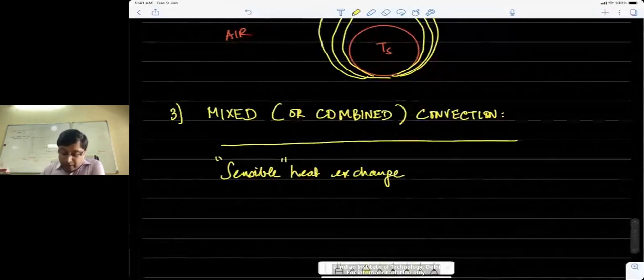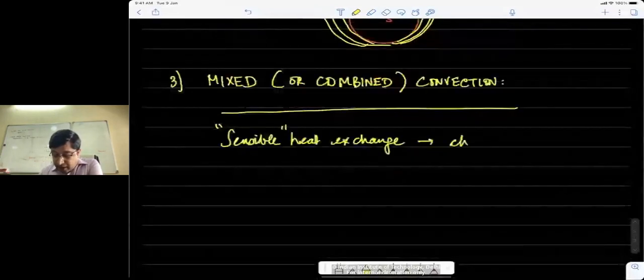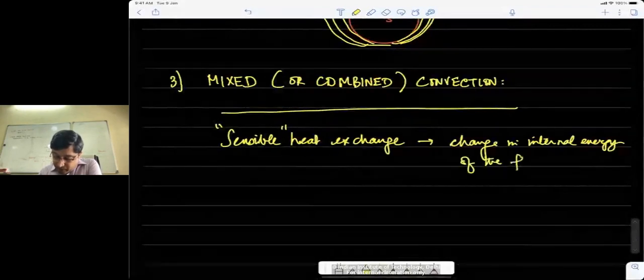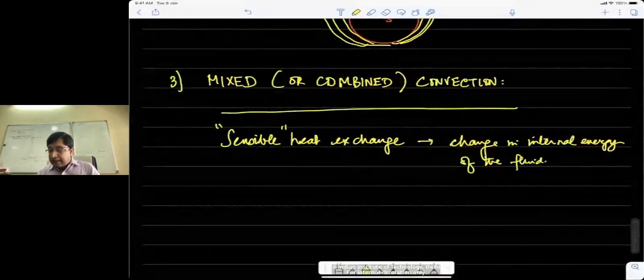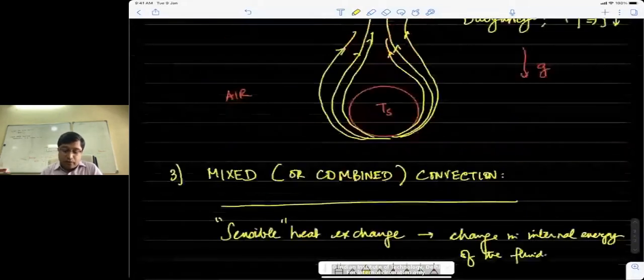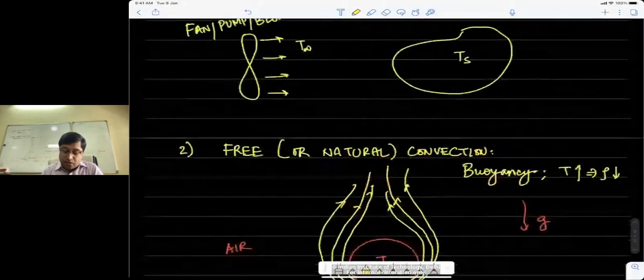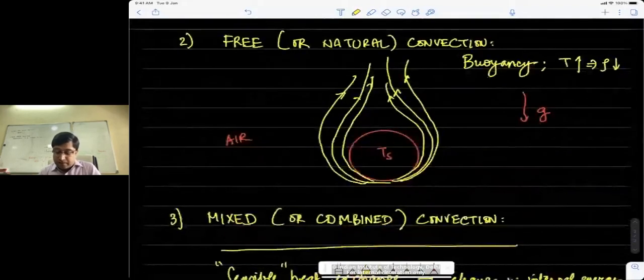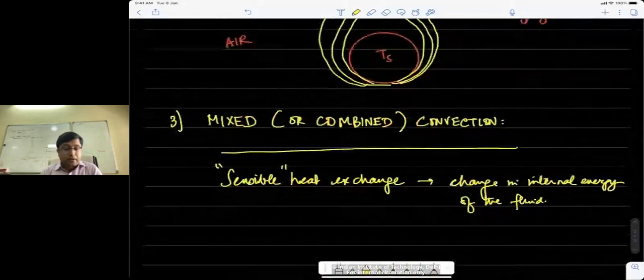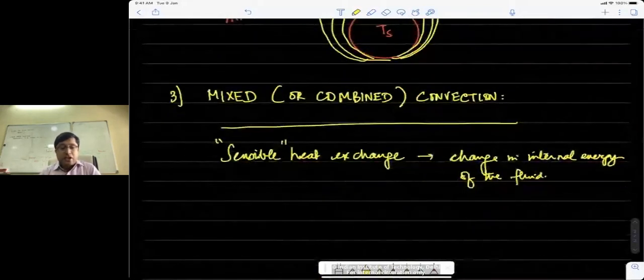So a sensible heat exchange is one in which you only see a change in internal energy of the fluid. So there is no change in anything else. But what you should also understand is that in all these cases, if there was air flowing over a solid block, or air rising up over a sphere, and I assume air to be an ideal gas, these energy changes will lead to only a change in temperature of the surrounding air.